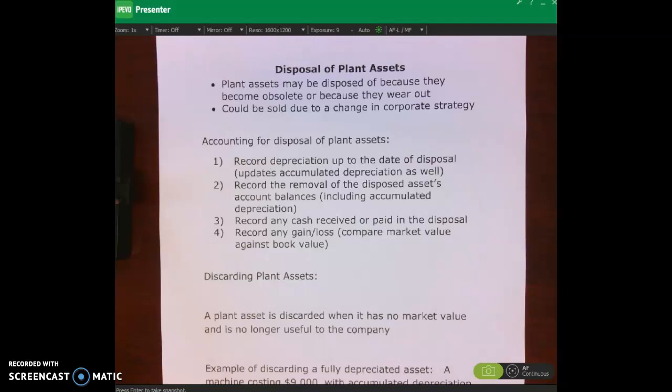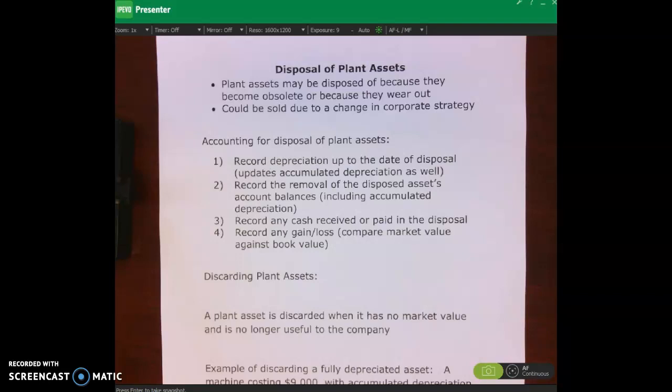each of those situations. So as I say up here, why would a company want to get rid of a plant asset? Why would a company want to get rid of a truck? Well, maybe the truck's really old and it's obsolete, and it's worn out. It doesn't run very well anymore. Maybe they have changed their corporate strategy and they need to get rid of some plant assets to accommodate their new strategy.